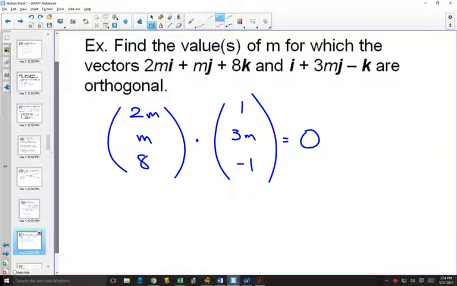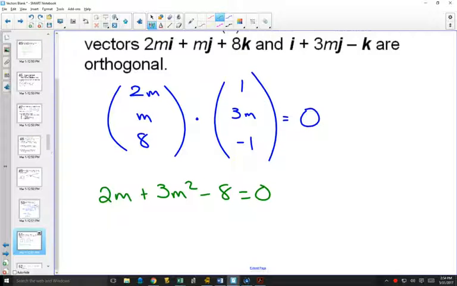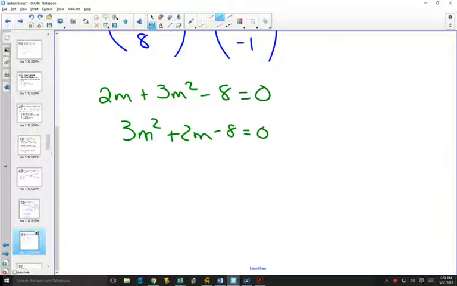So if this is the case, then the dot product would be 2m plus 3m squared minus 8 equals 0. How do we solve an equation like this? We factor it, if it's factorizable. I'll rewrite it with the m squared first. If you could factor this, the only possibility for the first one would have to be 3m and m.